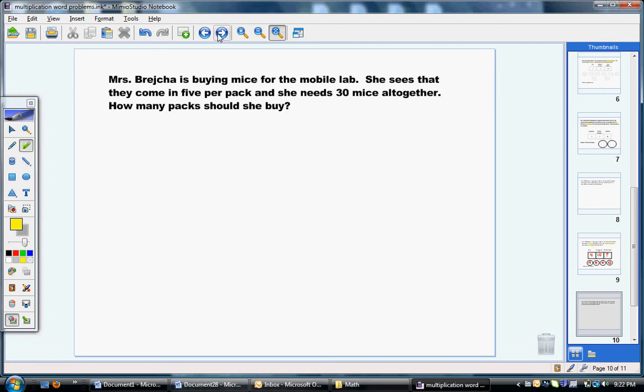Once you have the diagram drawn, you look at the story problem to find your keywords. Really pay attention to the question to figure out where that question mark goes in your diagram. Now use the keywords to figure out where the other numbers 5 and 30 fit into your diagram.